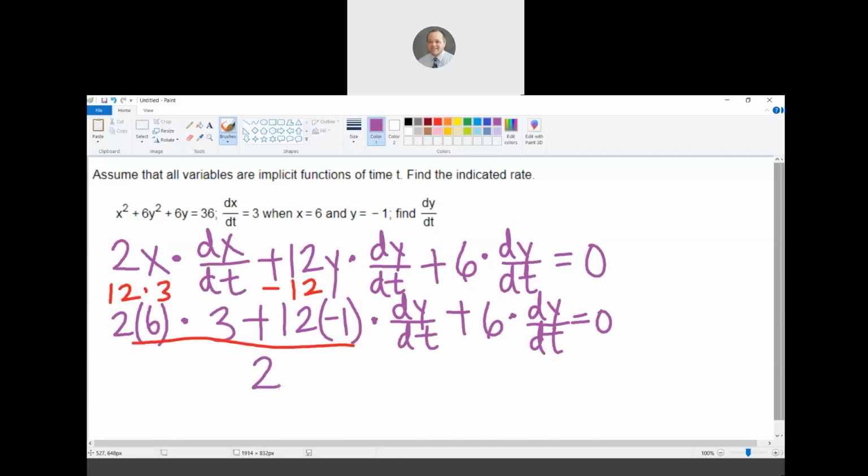Let me backtrack for just a second. Let me make sure. 12 times 3 is 36. Okay, that part's fine. This minus 12 is attached to that dy dt, so I can't combine the like terms there.